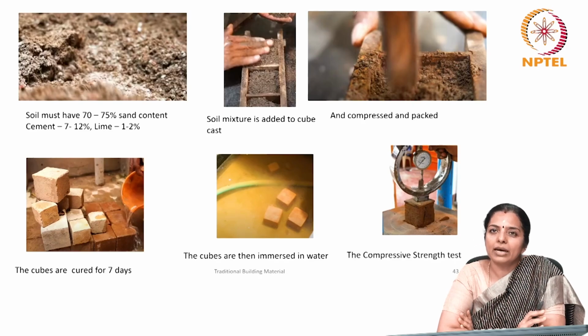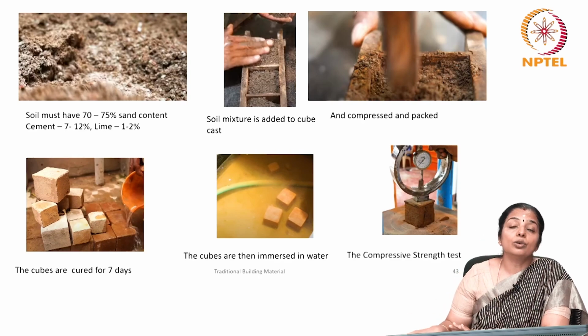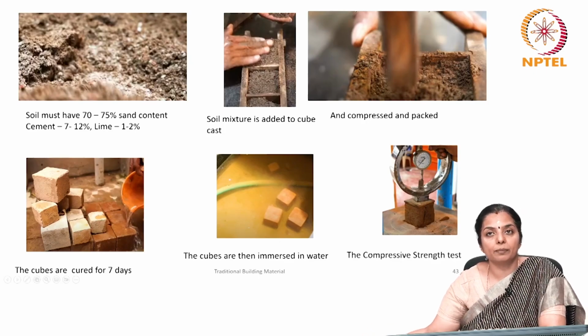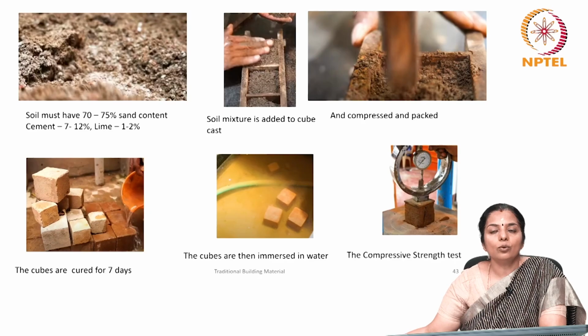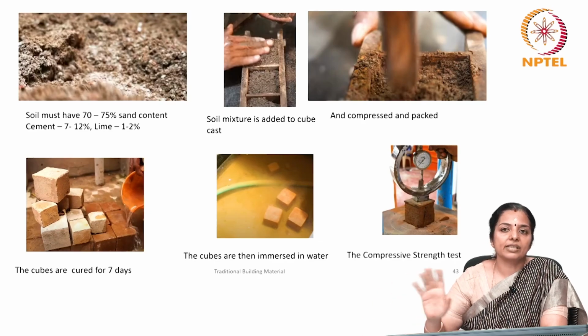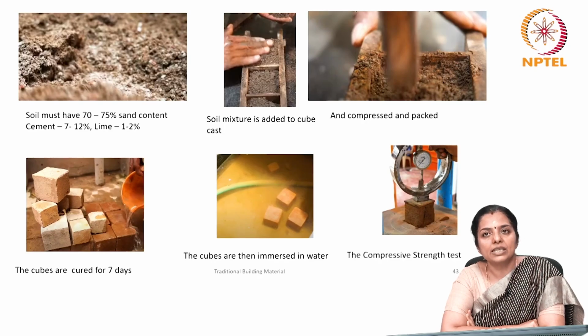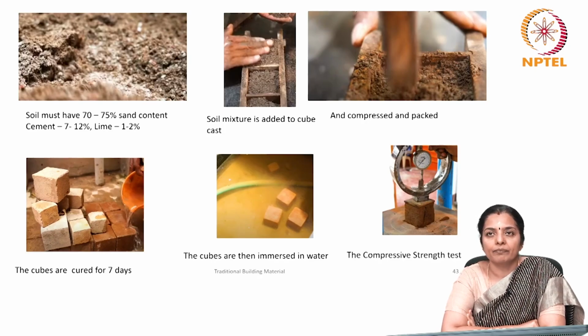Normally soil below 8 inches is taken, and this soil must have 70 to 75% sand content. If not, then you should add appropriate quarry dust or sand to it. Then you add cement about 7 to 12%, and you can add lime, which is 1 to 2%, because both of these act as stabilizer.